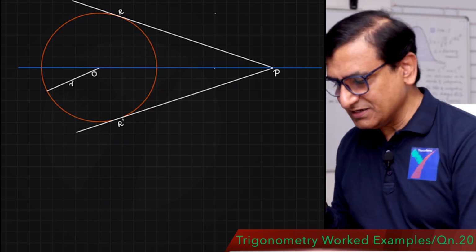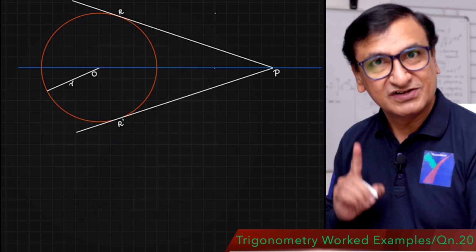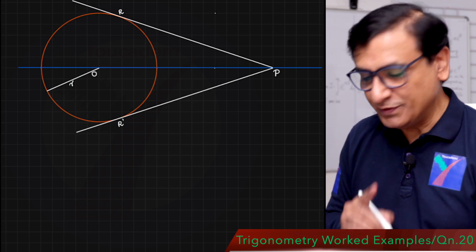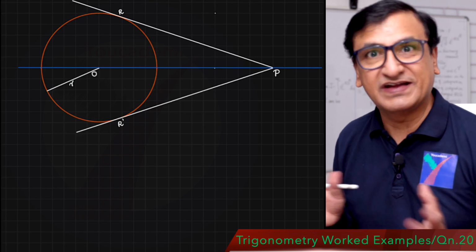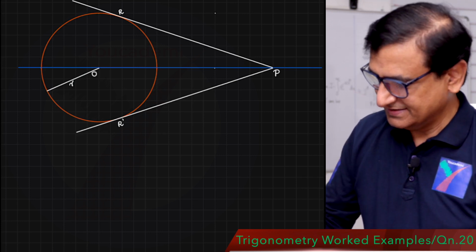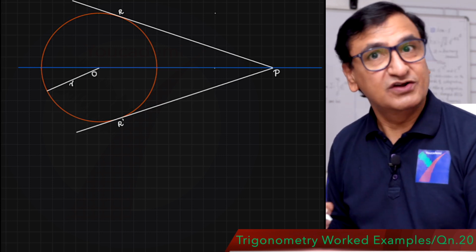And the line from R to O will be perpendicular to line PR. Similarly, R prime O will be perpendicular to PR prime, right? That's the law of tangents and circles. Let me draw the lines OR and OR prime.